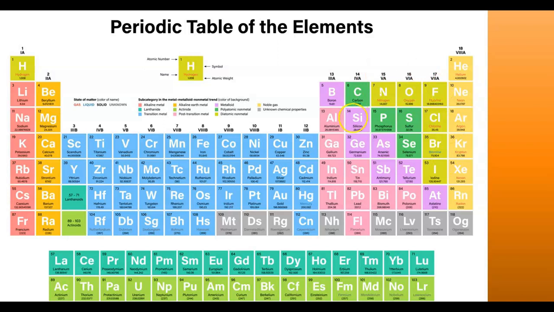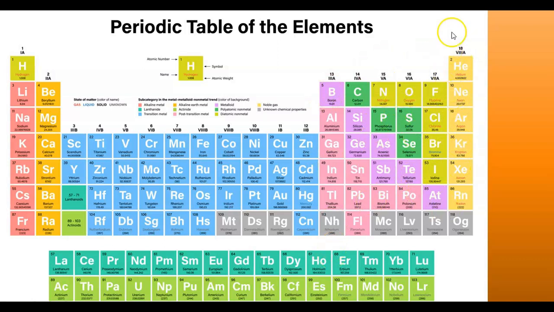This periodic table contains 18 groups: 1, 2, 3, 4, 5, 6, 7, 8, 9, 10, 11, 12, 13, 14, 15, 16, 17, 18. These vertical columns are called groups.